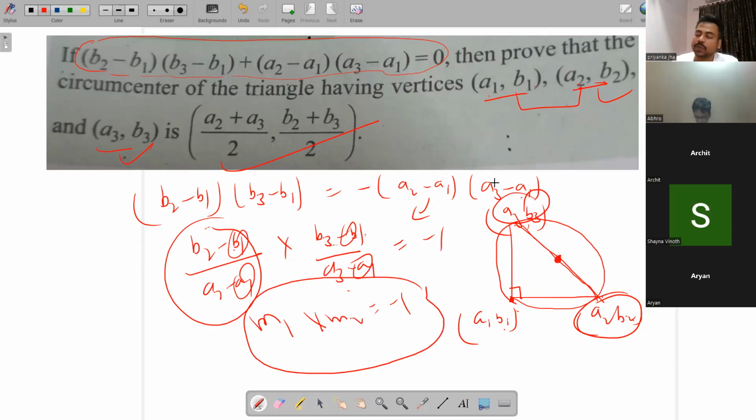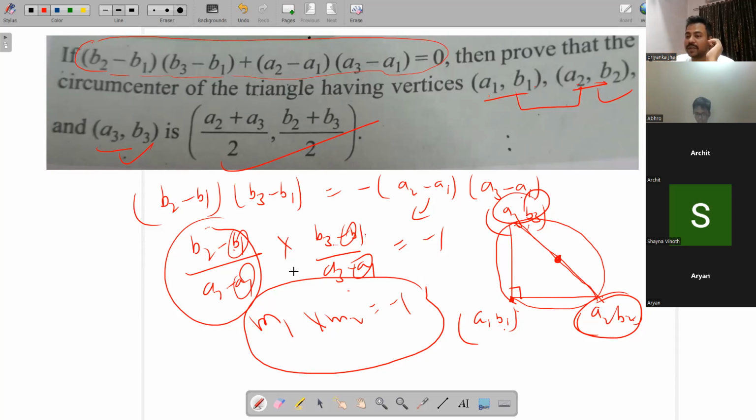Suppose slope of one side into another side is -1. So how does it conclude, sir? I told you, when two lines are perpendicular, the product of the slopes of two perpendicular lines is always -1. Yes, sir, understood.